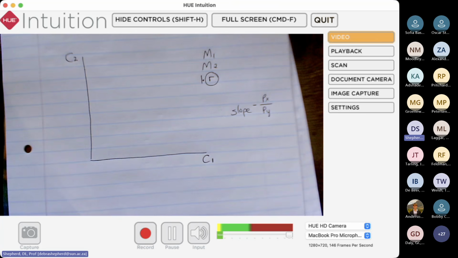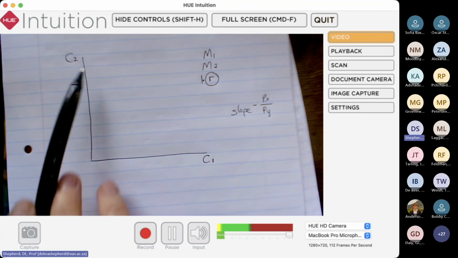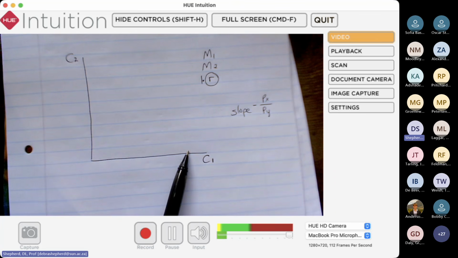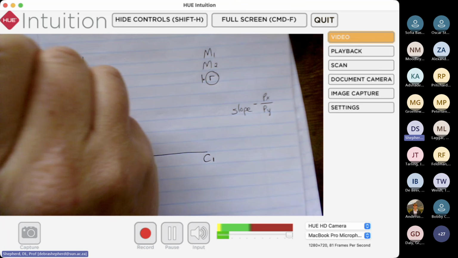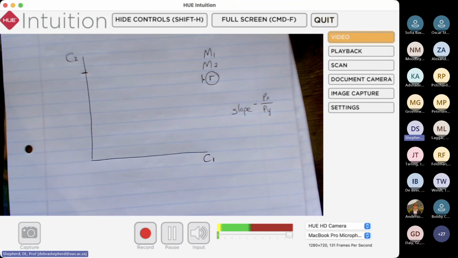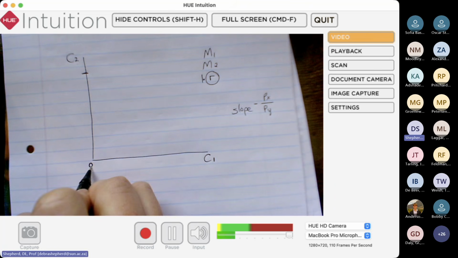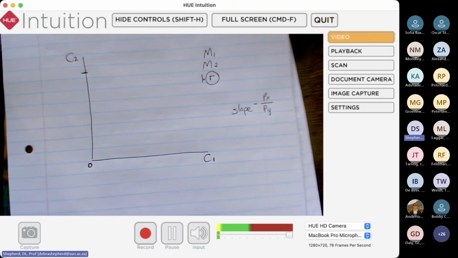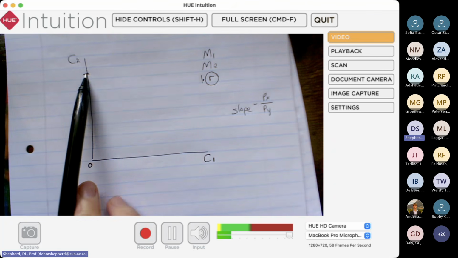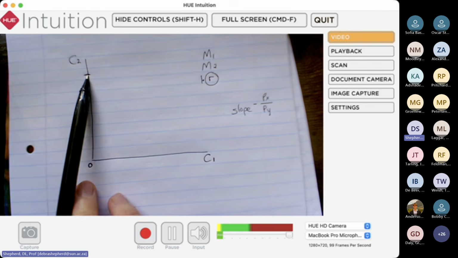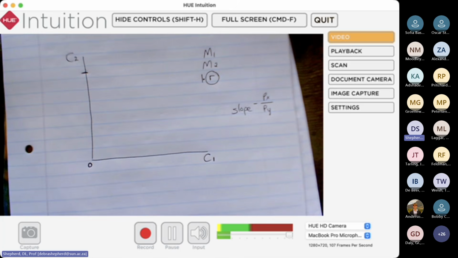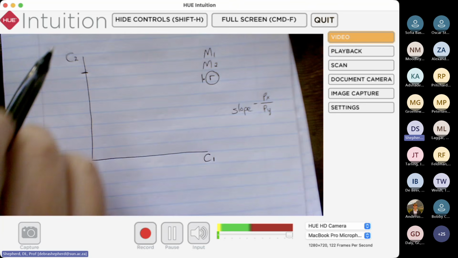So how we would find our intertemporal budget constraint is we would say that this intercept represents the maximum amount that we would be able to consume in the future if we consumed absolutely nothing today. So if we put everything into the bank and just saved towards maximizing our future consumption, that would give us that y-intercept over there.